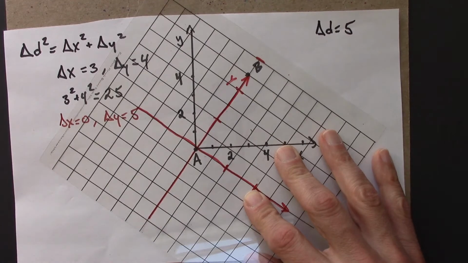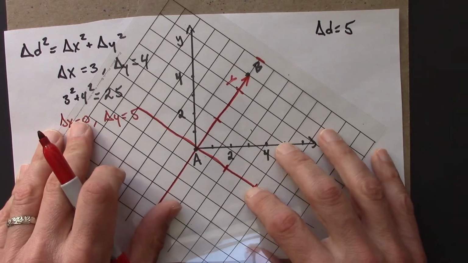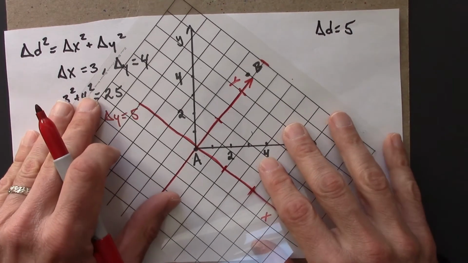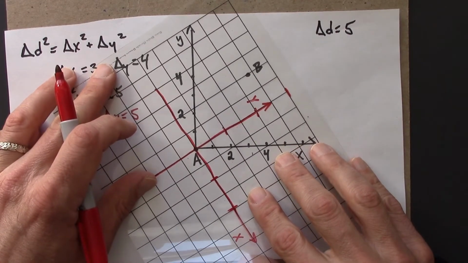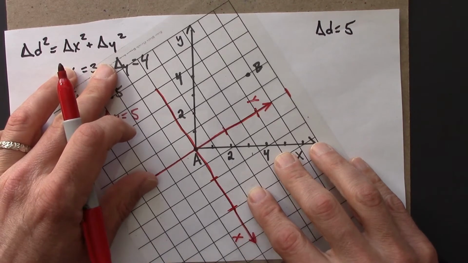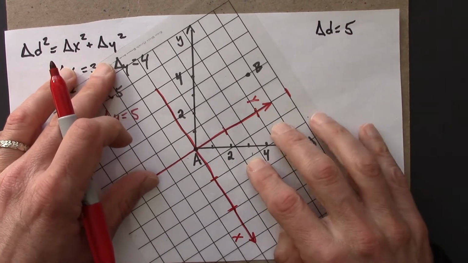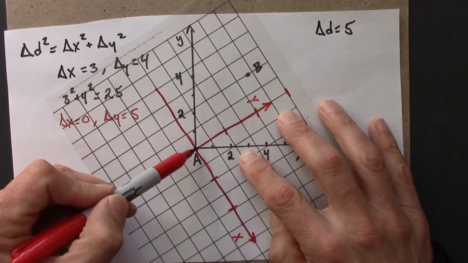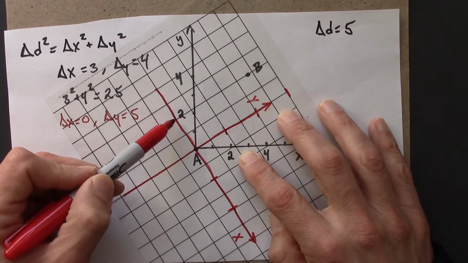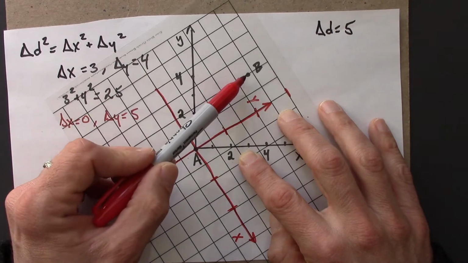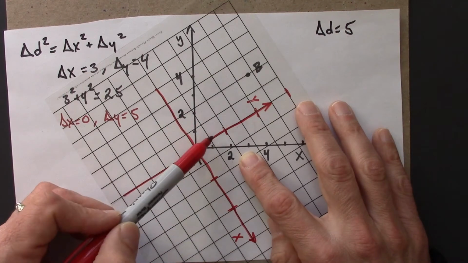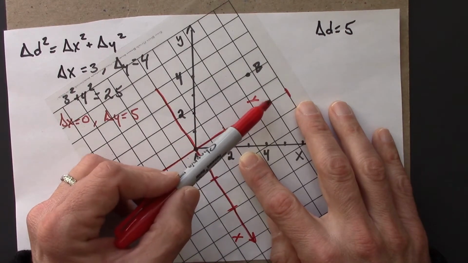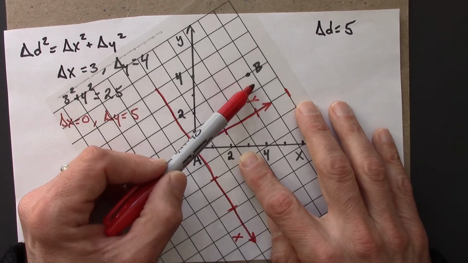And of course, you might come along and say, you know what, I don't like either of these. I want to go like this. Let's see if I can do this. So if we go over here and twist them even more, now check it out. Delta x is now negative. Delta x is a negative 2, and delta y, let's see, 1, 2, 3, 4, it's a little less than 5, right? So I'm going over this way.